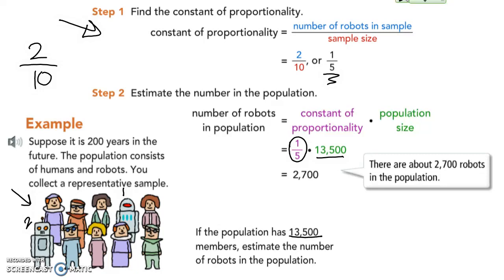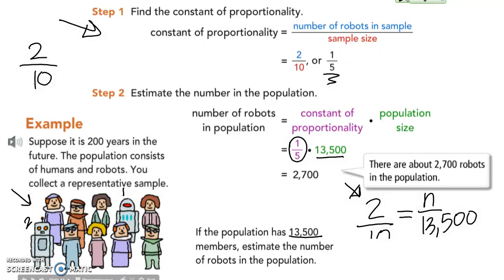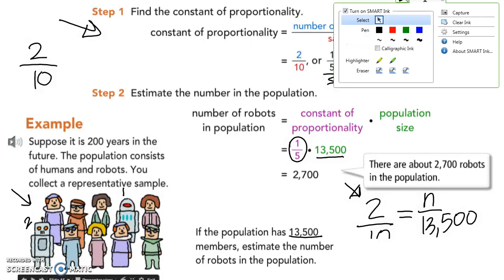There would be 2,700. You could also set up a proportion here. So we could say 2 over 10 equals n over 13,500. You could also simplify this 2 over 10 to 1 over 5. And then how do we solve a proportion? We cross multiply and then we divide. Okay? So either of those ways will get you the same answer.